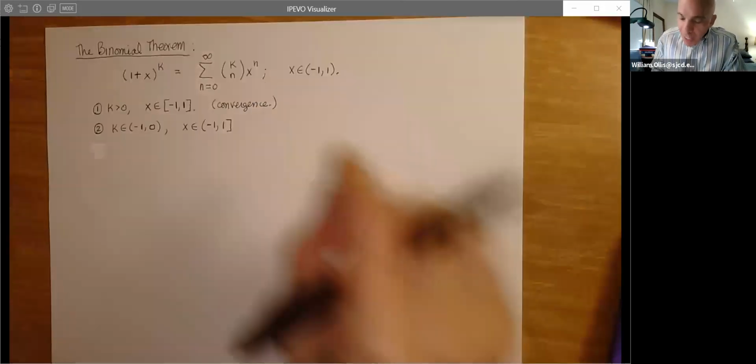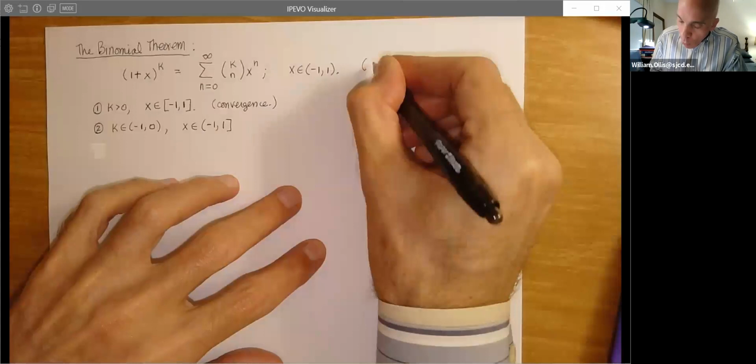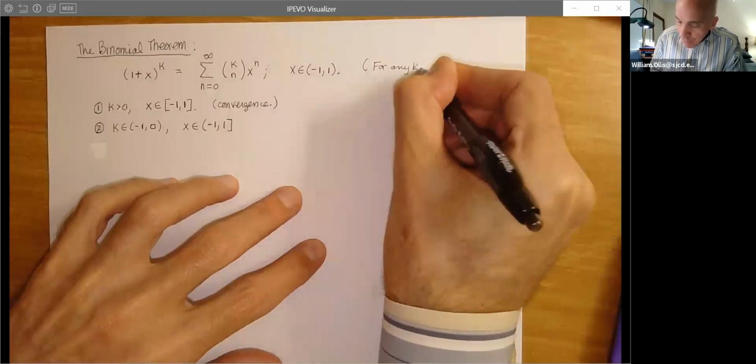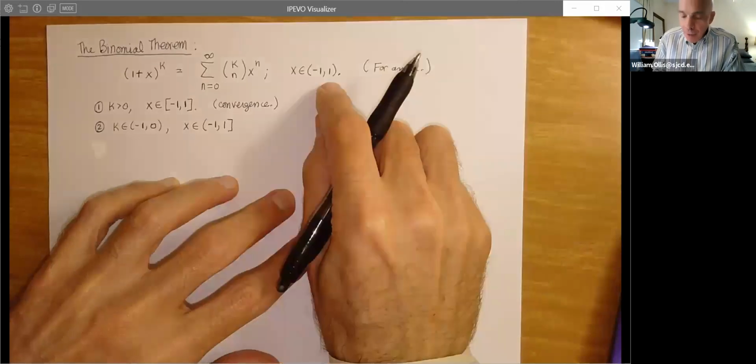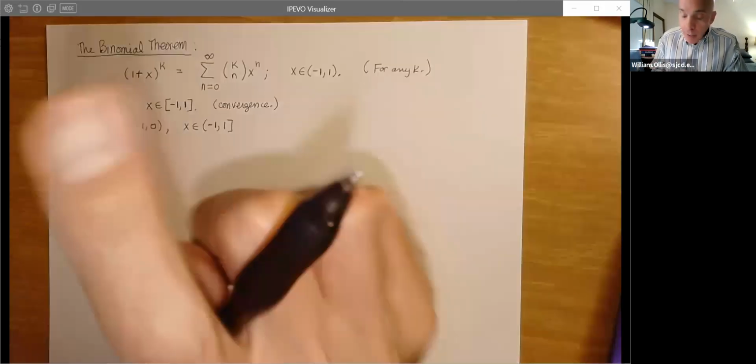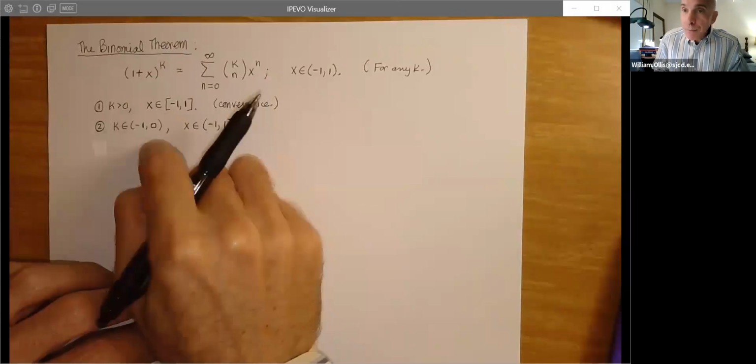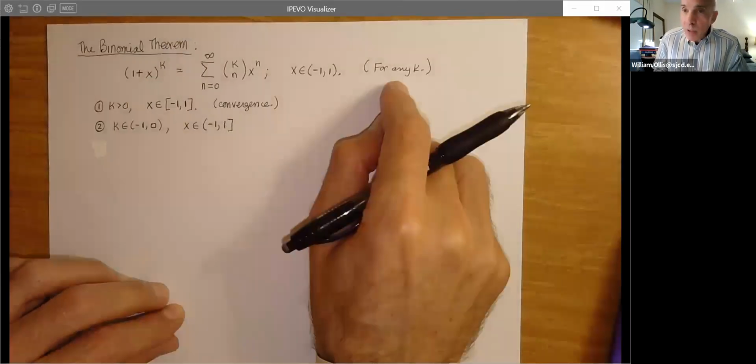So you get this for any k. Let me just write here, for any k. You always get this, but you can improve it for positive k or k between -1 and 0. Otherwise, you're here and that's it.